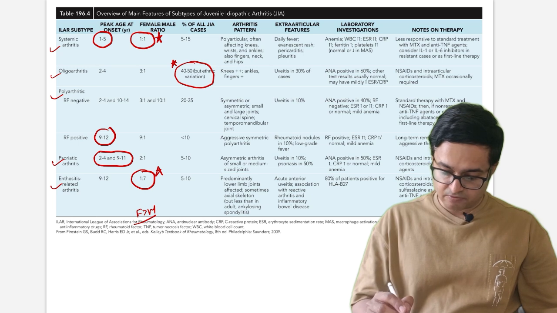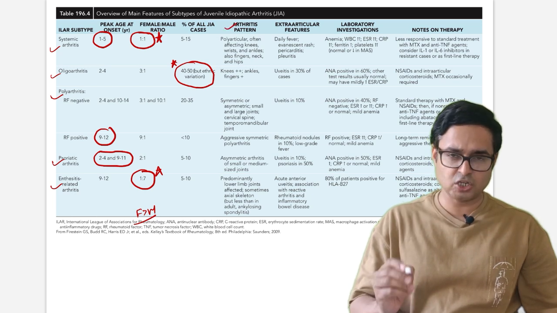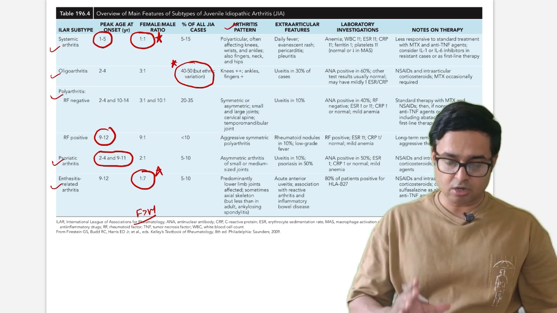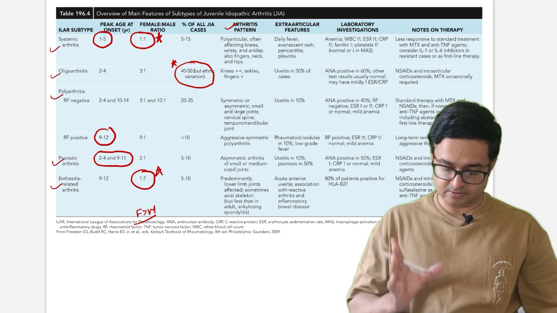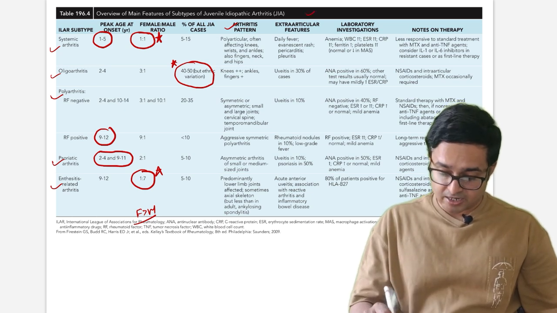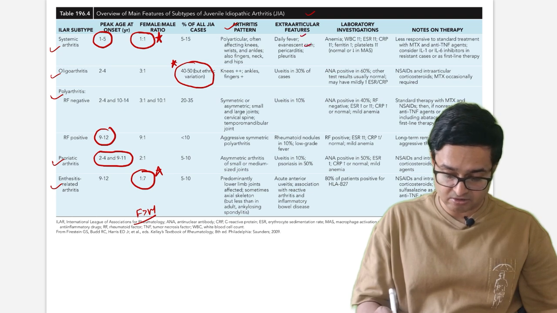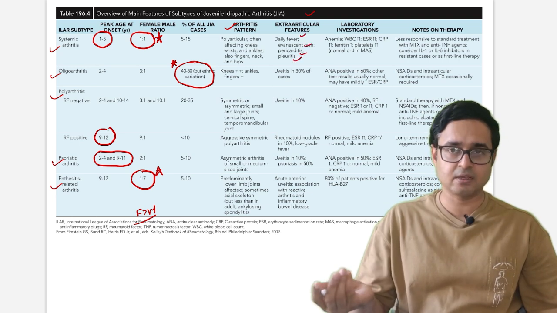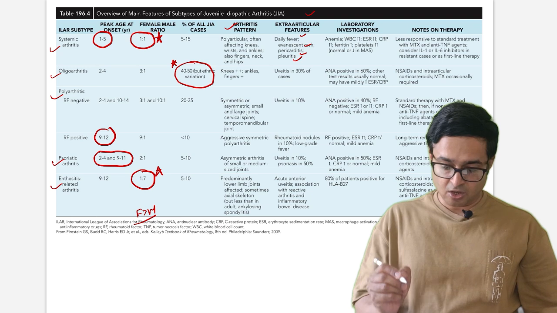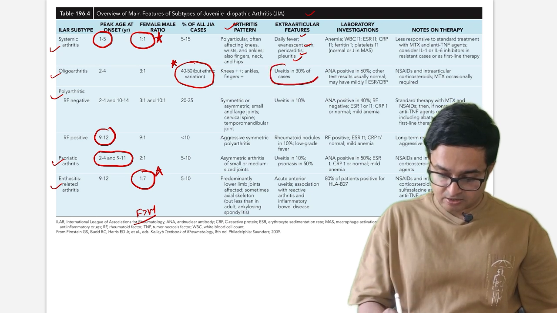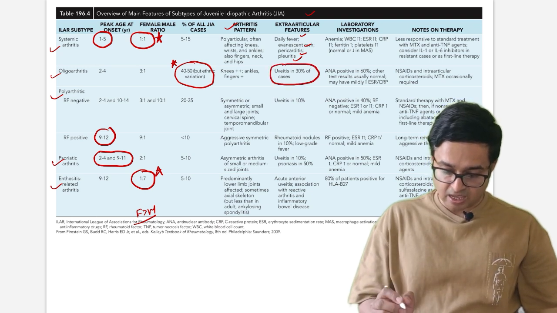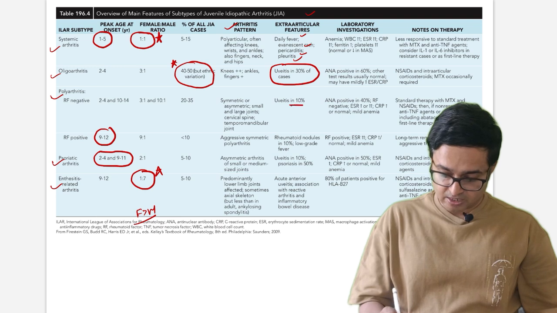Arthritis pattern, we saw initially the joint involvement, not much to discuss in this column. Extra-articular features are important. Systemic arthritis we discussed: daily fever, rash, pericarditis, pleuritis, as the definition suggests. Oligoarthritis, uveitis in 30% of cases, polyarthritis, uveitis in 10%, in psoriatic 10%.